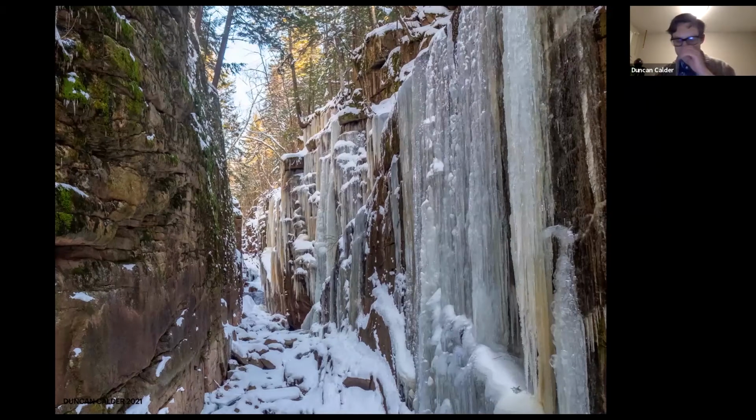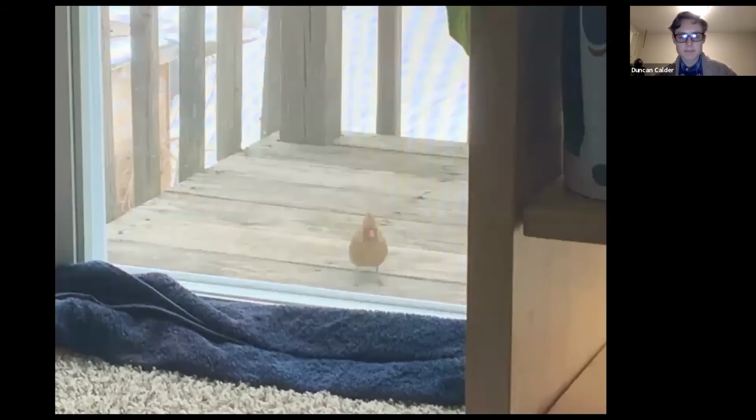The ice turns yellow because of the minerals in the soil from above. This is a very piney area, and pine has what are called tannins in the pine needles that tint the water that brownish yellow color. So that's why there's a lot of that coming down through the ice. It shows off what's in the soil and what's in the water that's pouring down from the top of the rock there.